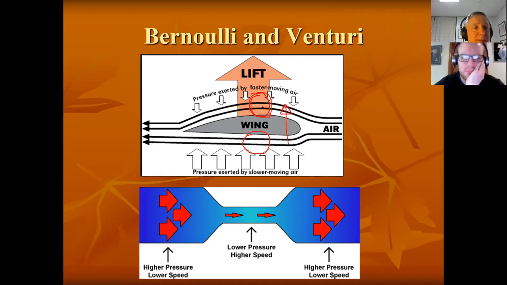Okay. So in other words, because I'm forcing this air to go faster because of its geometry, I'm therefore driving the pressure down. I can't just make things go fast without doing something else. I can add heat, I can add a pump, or I can lower the static pressure.